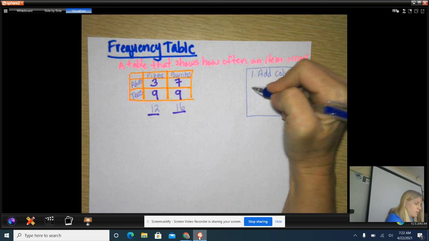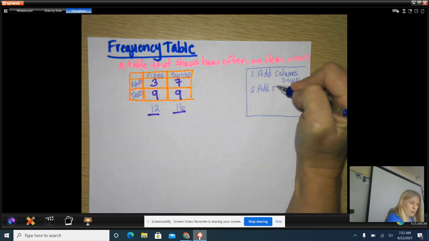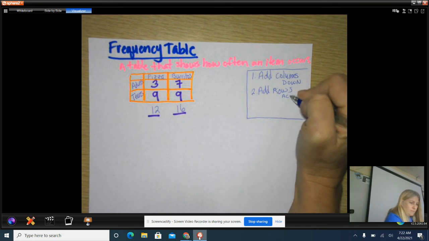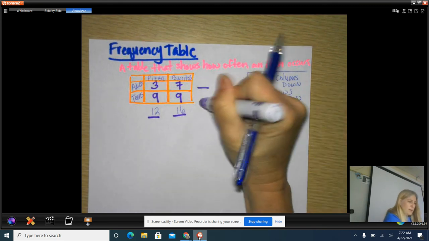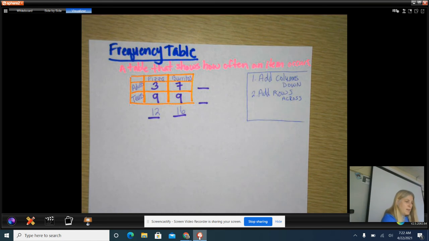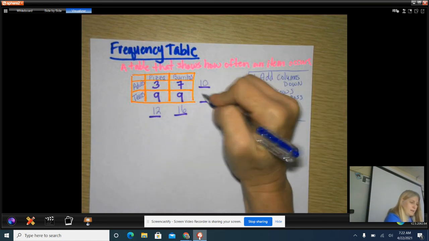Step number 2 is add your rows across. So we're going to add going this direction. 3 plus 7 is 10, and 9 plus 9 is 18.